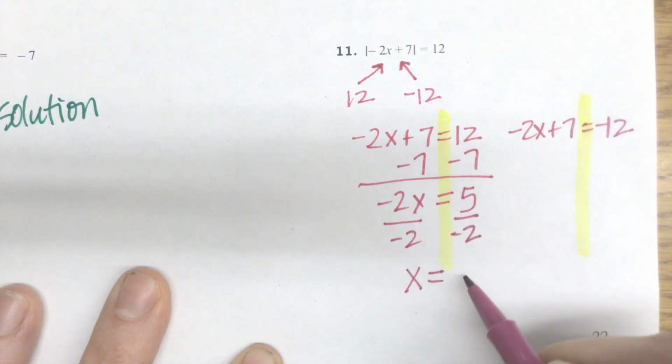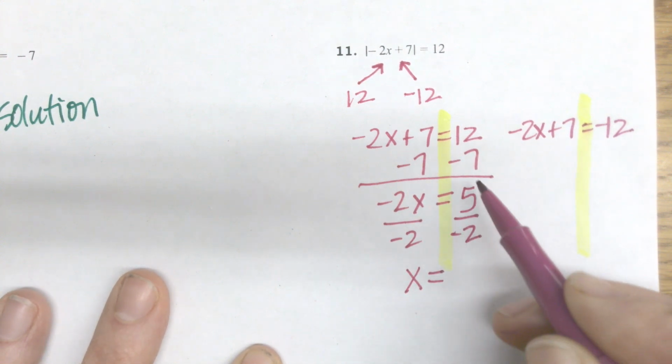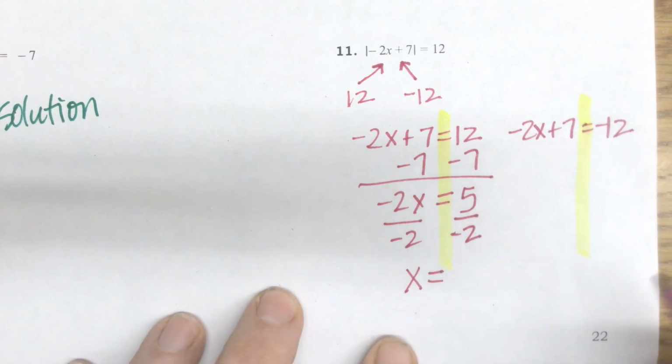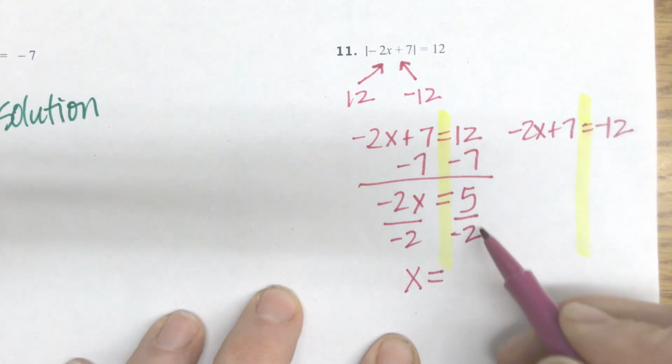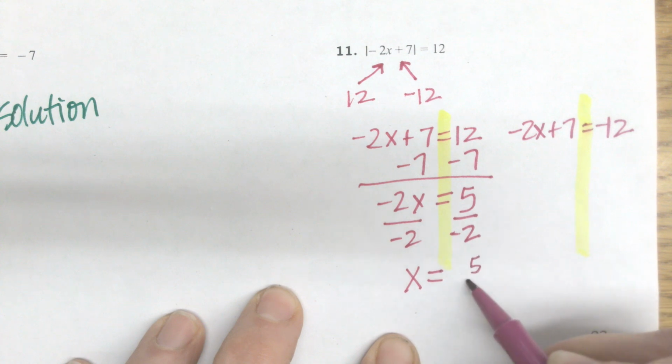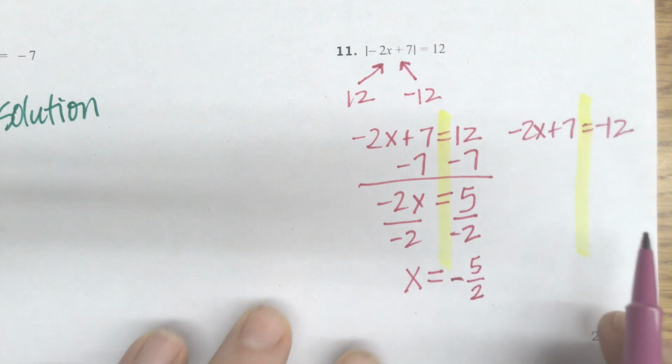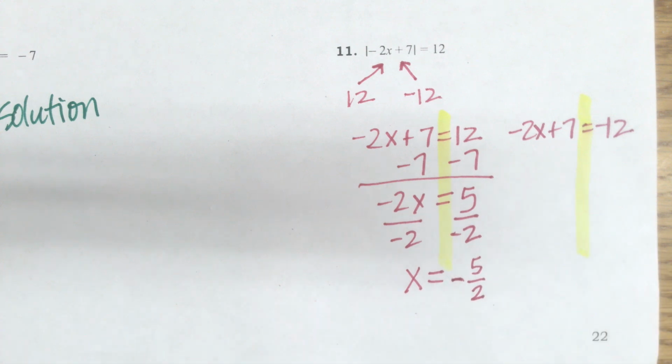X equals, so in a problem like this, again, I can't divide 2 into 5 evenly. So what I do is I just write it as that fraction, 5 over 2. But because the 2 was negative, the fraction is negative. And so I just stick the negative out front. So it's negative 5 over 2. That's my final answer. Not a super pretty answer, but a fine enough answer.